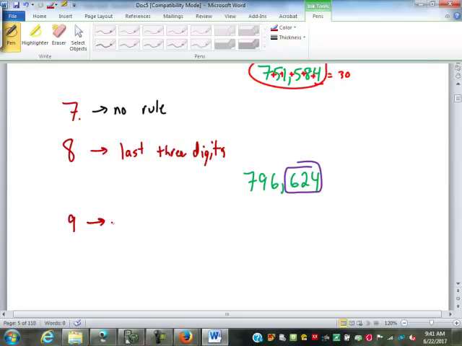9. It's the same rule as 3. It's the sum of the digits again.